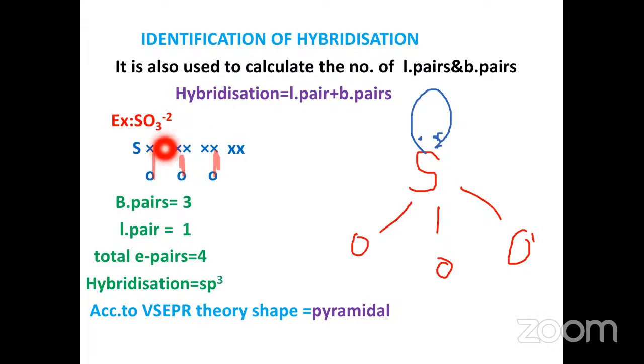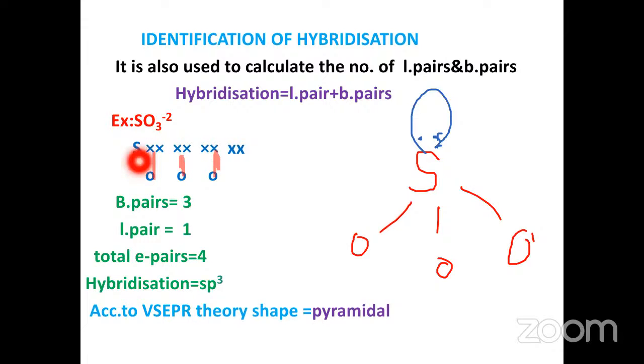Next, the sulfur is overlapping with the 3 oxygen atoms. Each oxygen atom is bonded with 2 electrons of the sulfur atom.